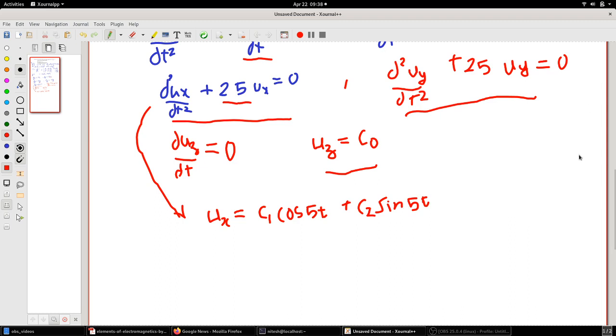Okay, so this is what you have, and on the other end you have uy equal to c3 into cos phi t plus c4 into sine phi t.